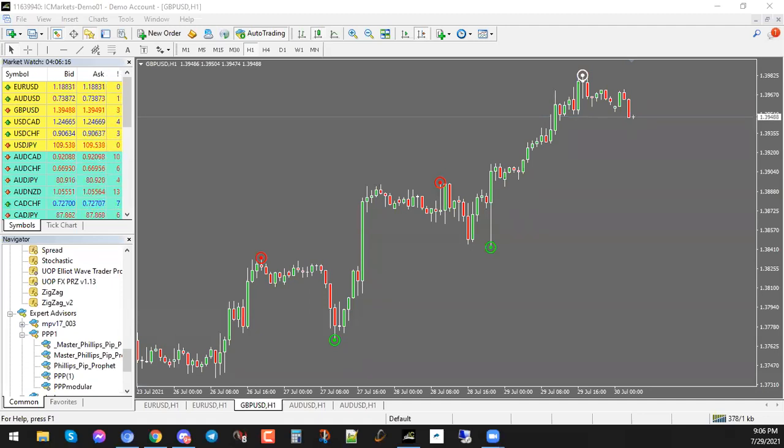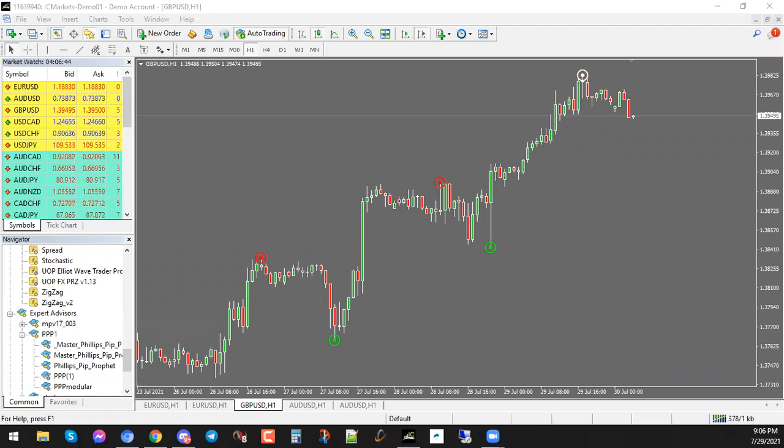As I said, we will be doing how to trade using the Elliott Wave Pro filtered using support and resistance. Now, when I say support and resistance, I'm speaking of horizontal support and resistance. That is the one that most traders use.